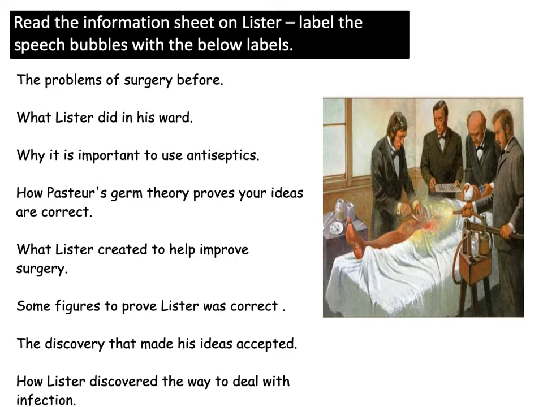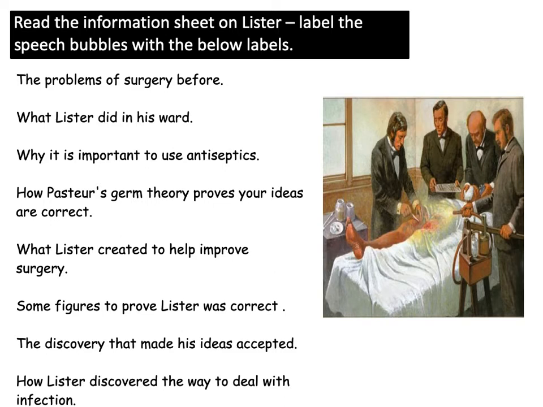Now, he did this by introducing chemicals, carbolic acid in fact. Now, he knew that this was used in sewage treatment, and so he thought he might be able to use it to kill off germs in an operating theatre.